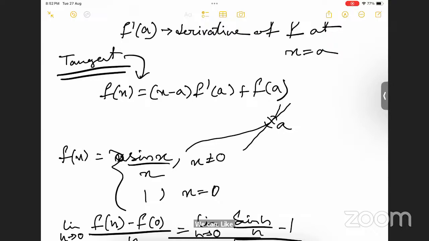The equation of a tangent is nothing but the linear approximation of the function at that point. If you have any doubt with any particular problem, I would suggest you take a screenshot and post it on the chat box so that we can solve it together. Ma'am, I posted one question in the chat box.